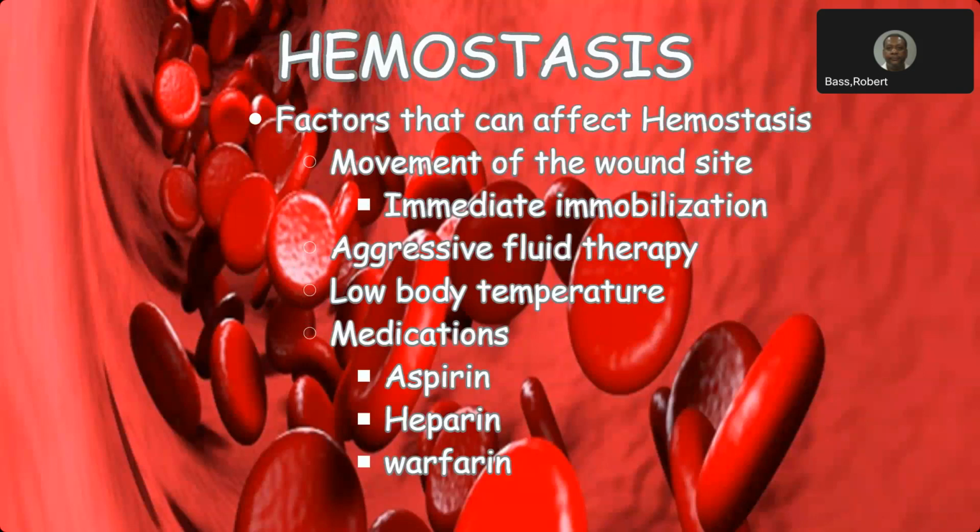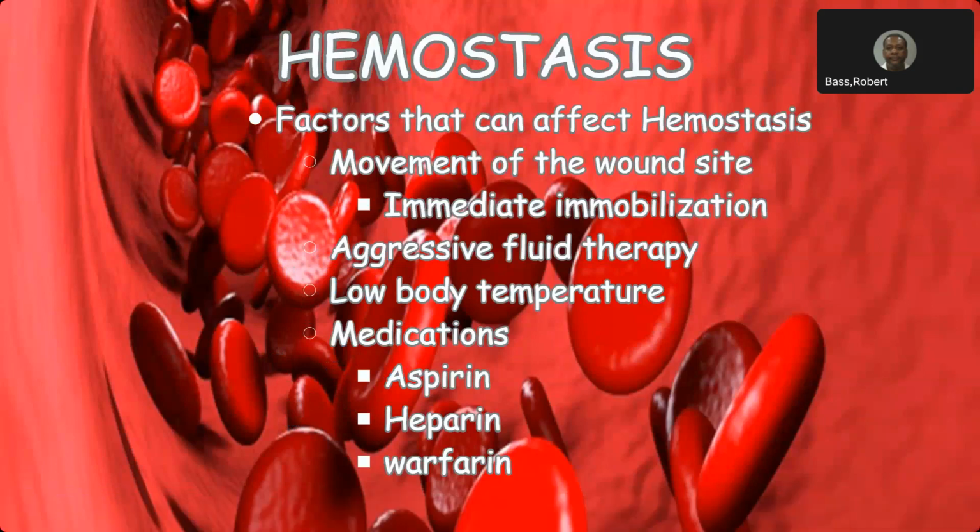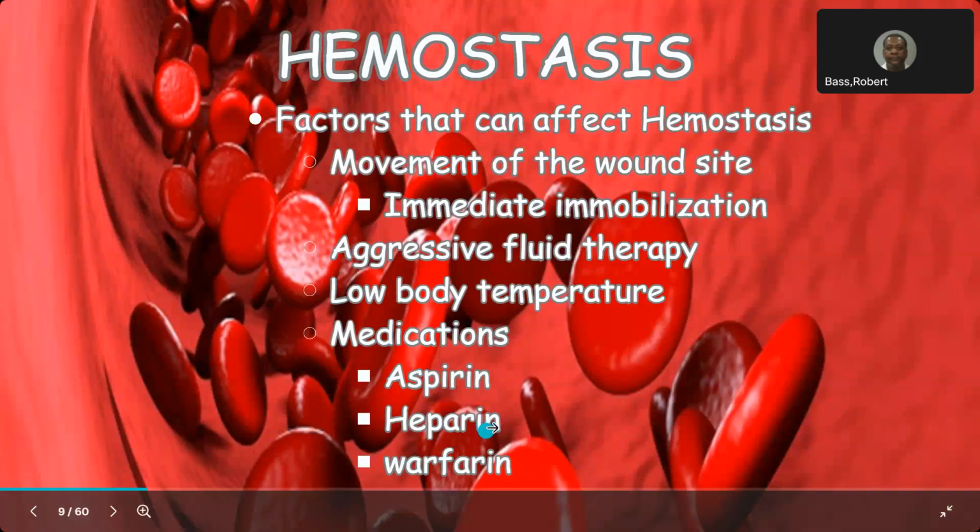Then one of the very important ones is the different medications that these patients may be taking. Some of these medications are used to prevent strokes. They're used to prevent MIs, and the job is to prevent clotting.